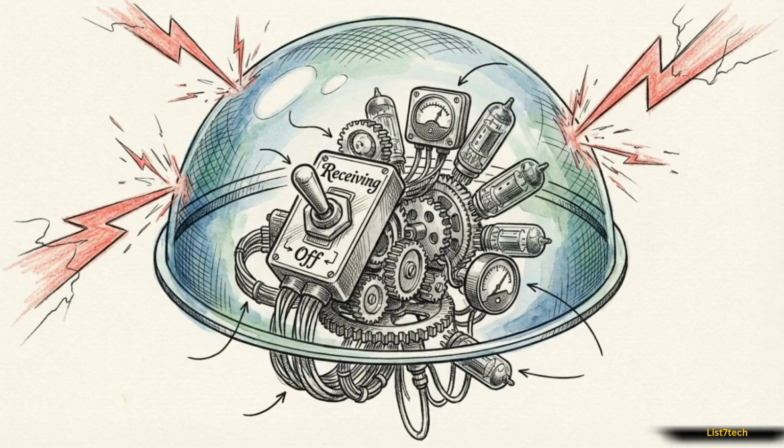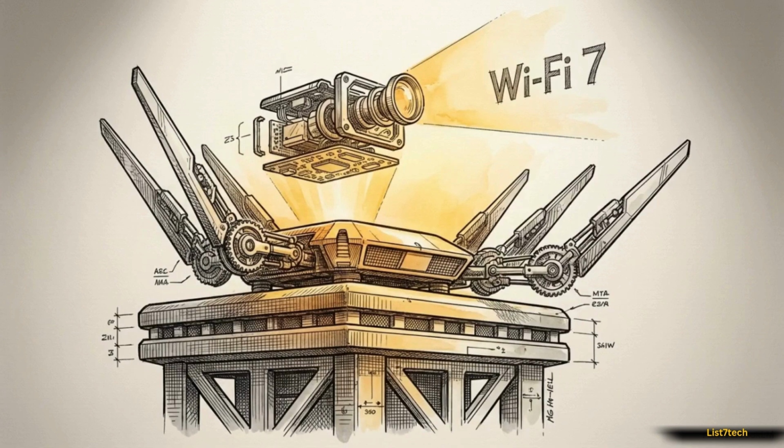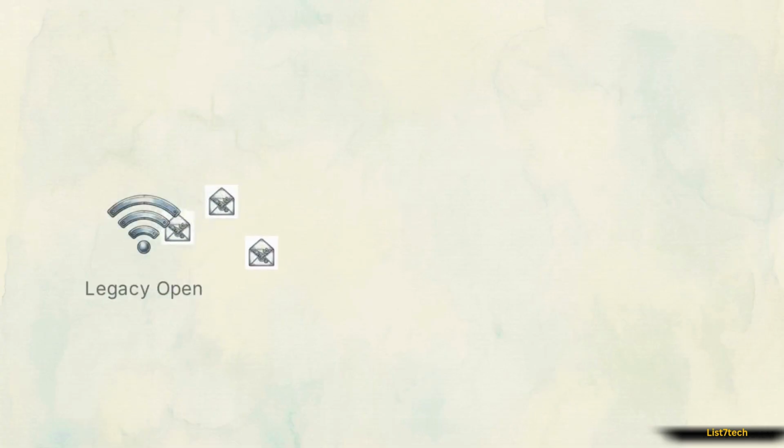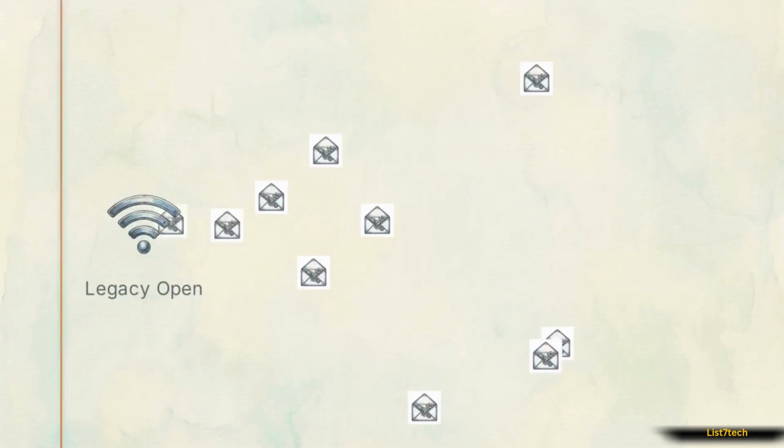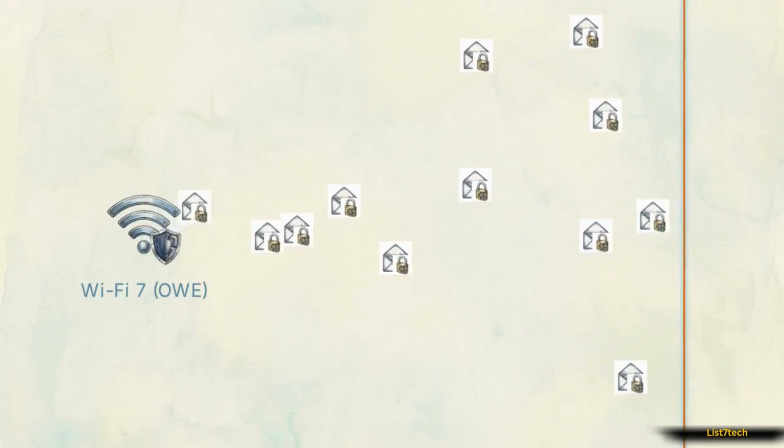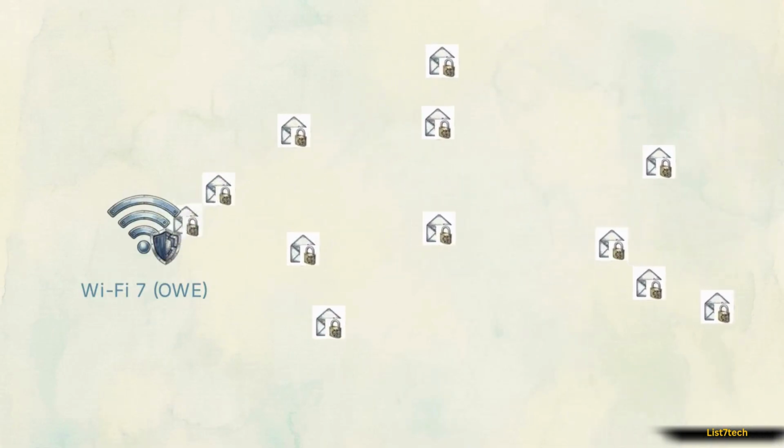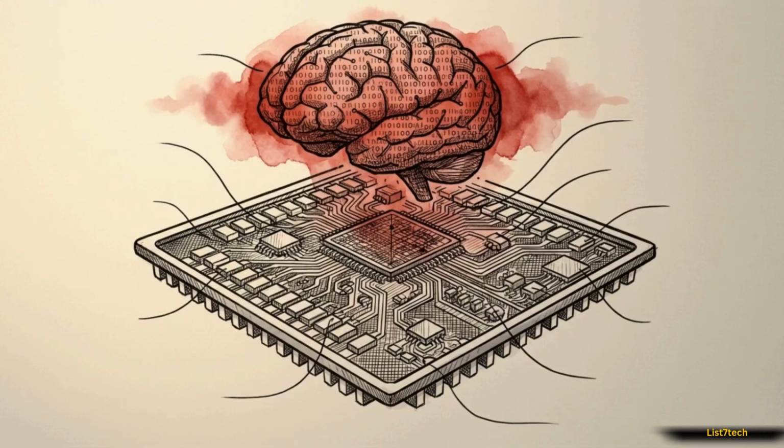Looking forward, the rollout of the Wi-Fi 7 standard expands the adoption of opportunistic wireless encryption. This finally brings physical layer encryption to passwordless hotspots, steadily replacing the completely open networks of the past. But adversaries are evolving. AI-enhanced encrypted traffic analysis is emerging as a critical threat.